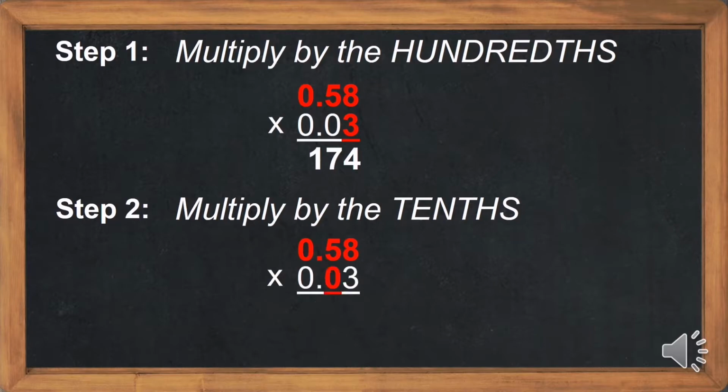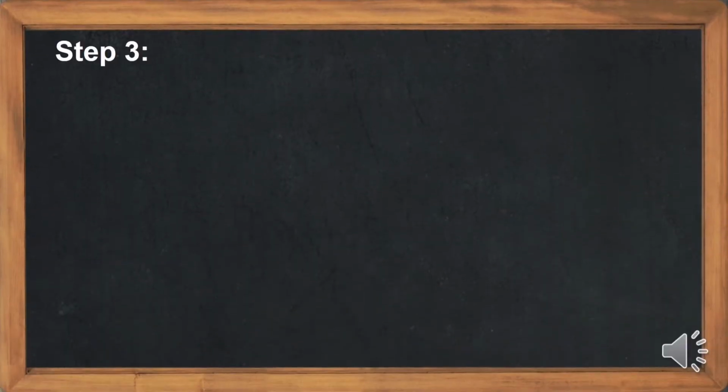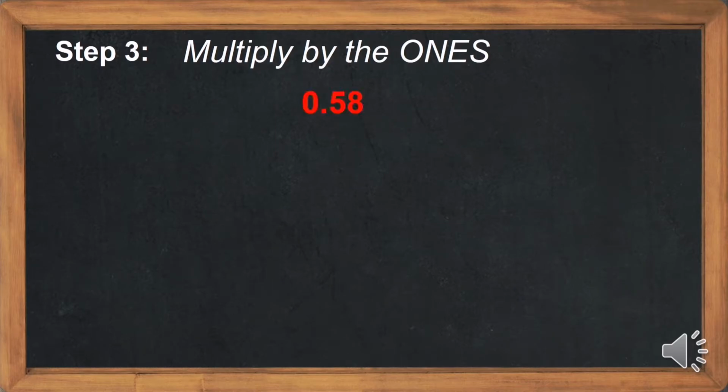Multiply by tens. 0.58 times 0 would give us 0, 0, 0. Take note, any number na i-multiply natin sa 0, ang sagot niya lahat ay 0. Step number 3, multiply by the ones.